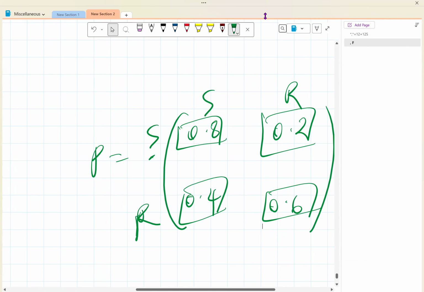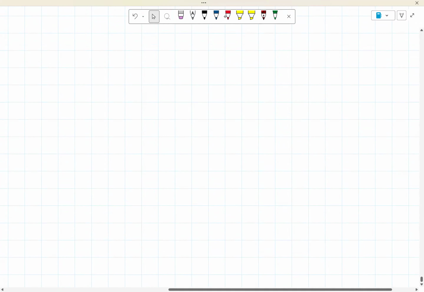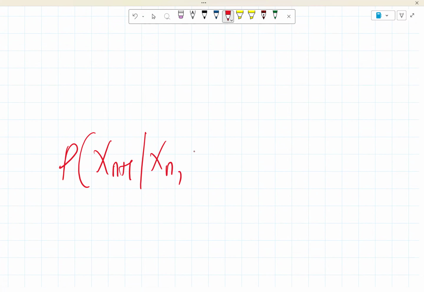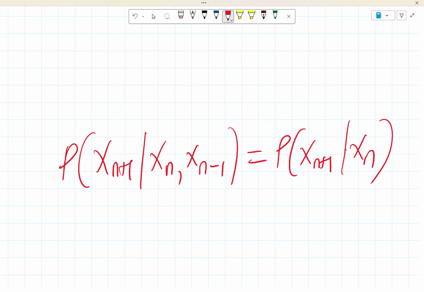The probability of xn plus 1 given xn minus 1 is basically the same thing as the probability of xn plus 1 given xn, meaning that we have no memory of this, so memory lost.